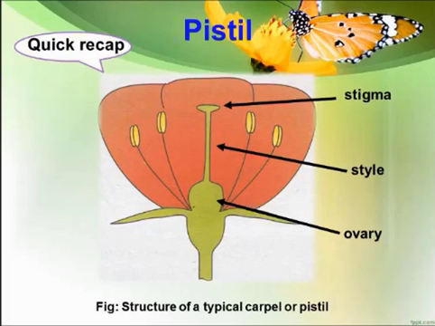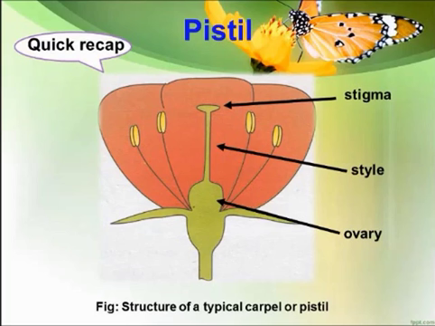And in this figure, you can see three parts in a pistil, namely the stigma, next an elongated slender stalk-like structure called style, and a basal bulged portion called the ovary. I hope you remember the roles played by each of them.